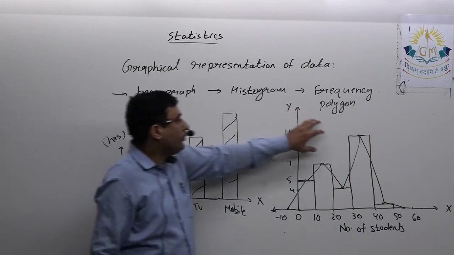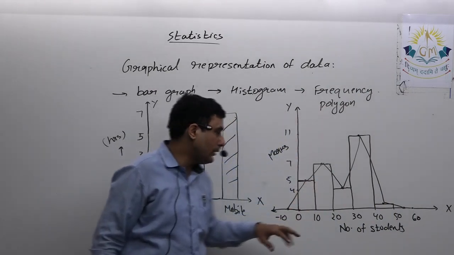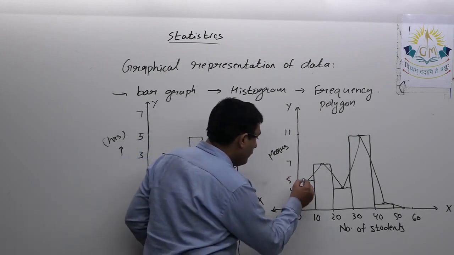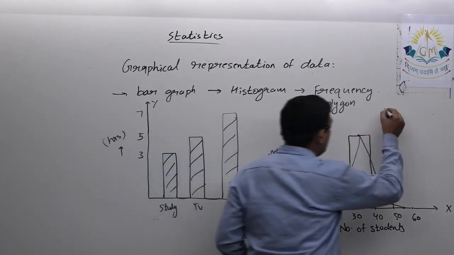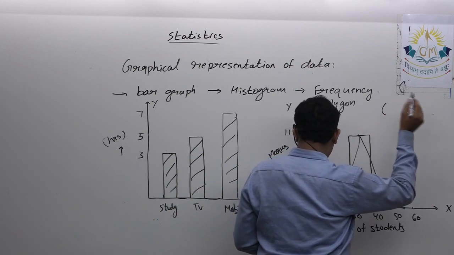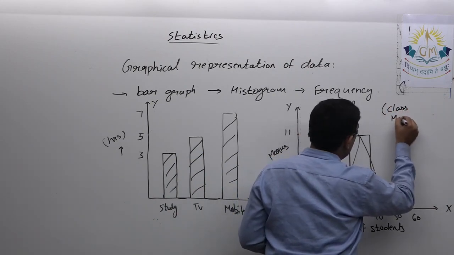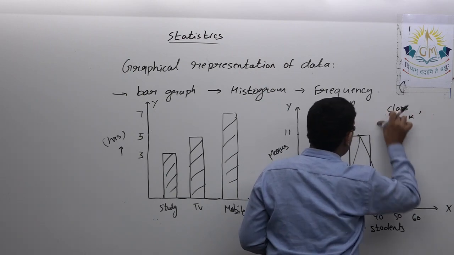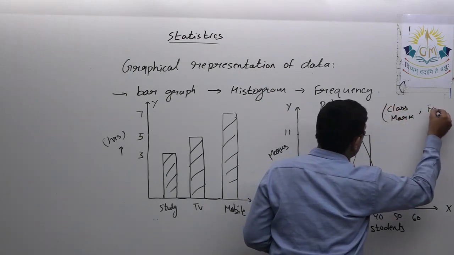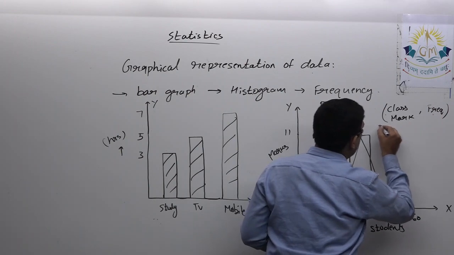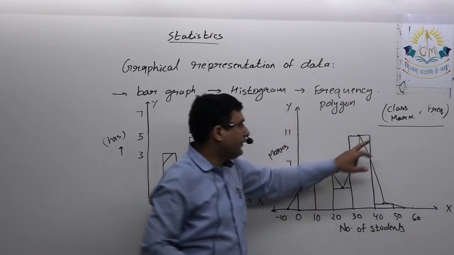Now suppose you have to draw the frequency polygon without the histogram. Simply, you have to obtain these points. Which points? Class mark comma frequency. Obtain these points for each and every class.